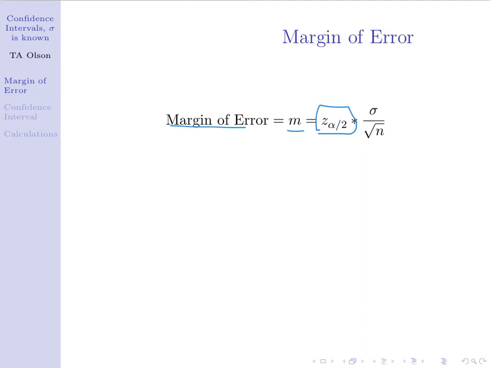Right, and then more percent means our z's get larger, farther away. So our critical values are going to get larger. Sigma is our standard deviation for our population, and the square root of n is our sample size. So the square root of n is something we have seen before as well.